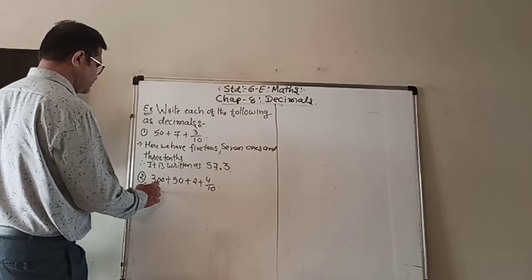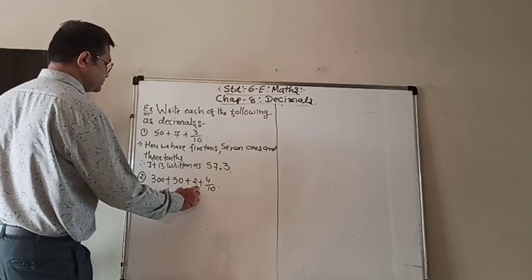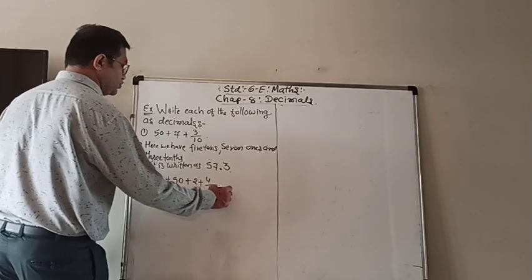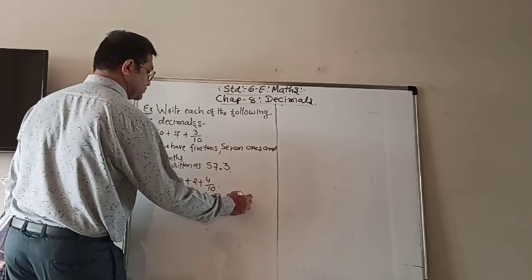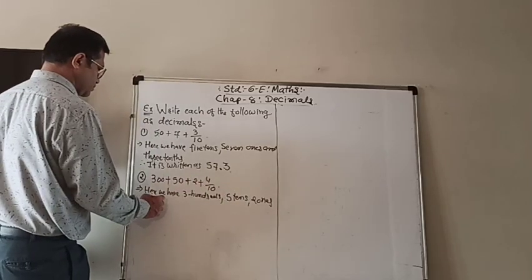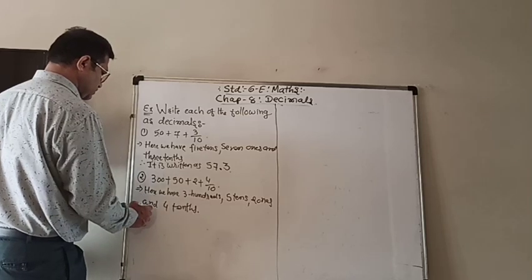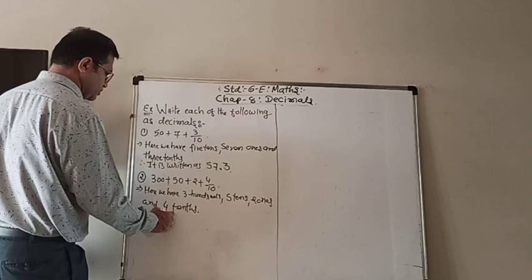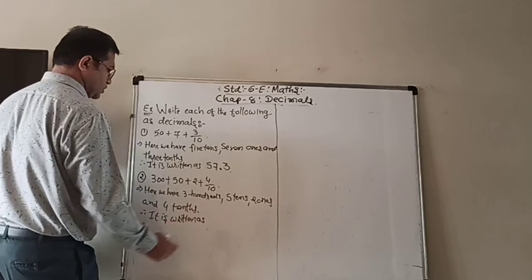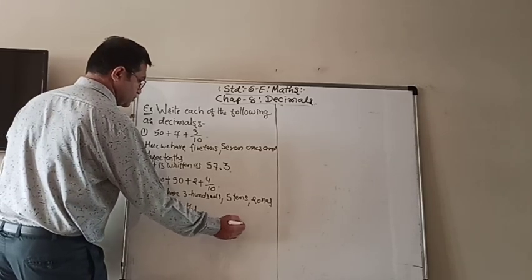So here we have 3 hundreds, 5 tens, 2 ones and 4 tenths. Therefore, it is written as 352.4.